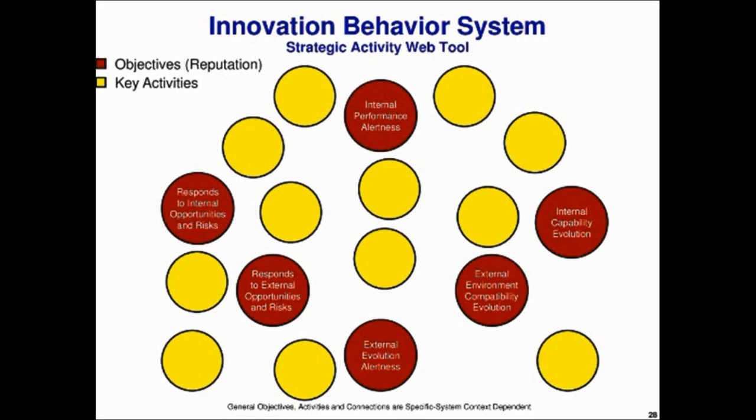I'm not going to attempt to fill in what activities would cause that, because in every case it would be context dependent on the specific system of interest that we're looking at. But that's a start on how to characterize the strategic activity web for what you're intending to do.